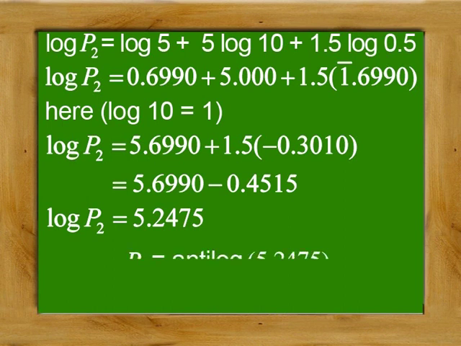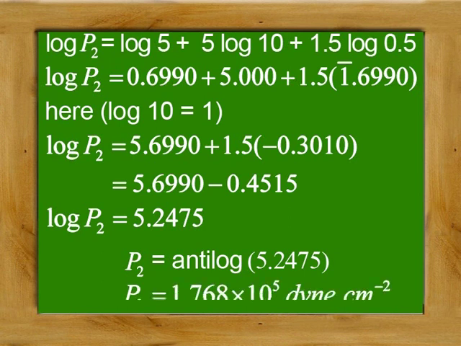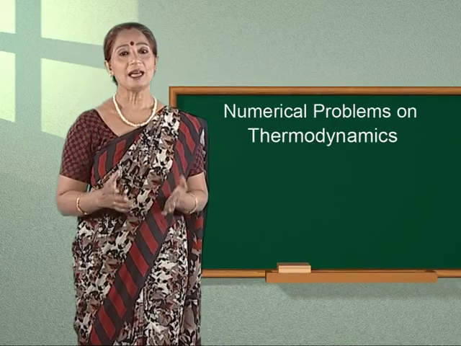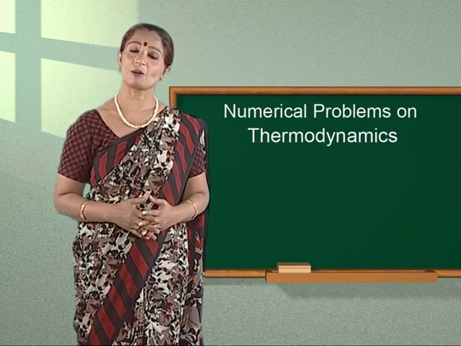Now, taking the antilog on both sides, P2 is equal to antilog of 5.2475. We have P2 is equal to 1.768 into 10 raised to the power 5 dyne per square centimeter.